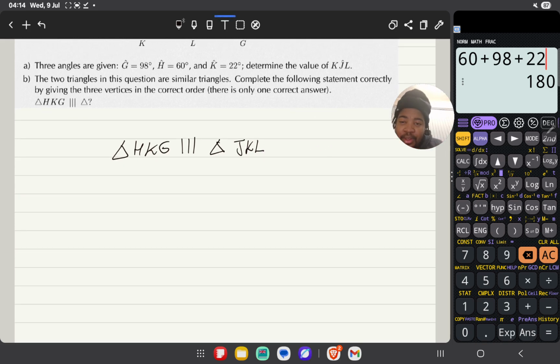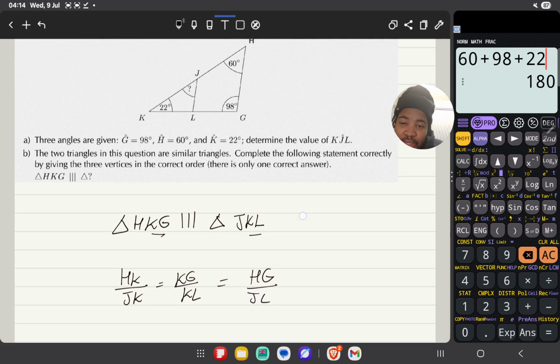And even from here, to prove the proportionality, you would then say HK over JK equals KG over KL, and then HG over JL. Let's look at it.